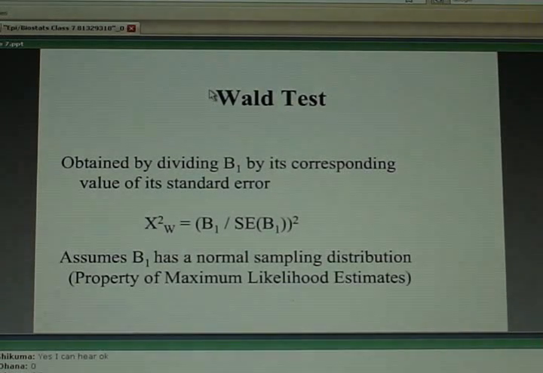If the null hypothesis is true, we would expect the odds ratio to be 1. The log of 1 is equal to 0. So if the null hypothesis is true, we would expect the B1 value to equal 0. What the Wald test does is compare the observed value for B1 to the expected null value of 0. Ask, is it different from 0?